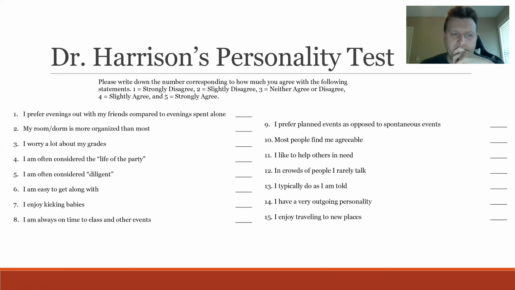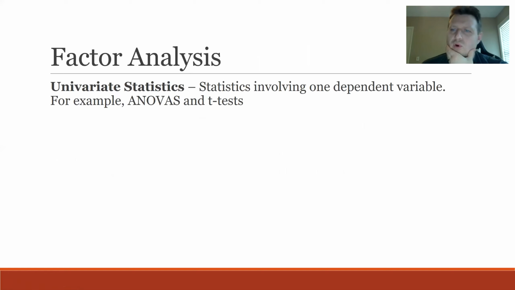All right. Let's talk a little bit more about factor analysis. We can put various kinds of statistics in a few buckets. We can refer to things as univariate statistics. Uni, like unicycle or unibrow, means 1. So univariate statistics are statistics that have 1 dependent measure.